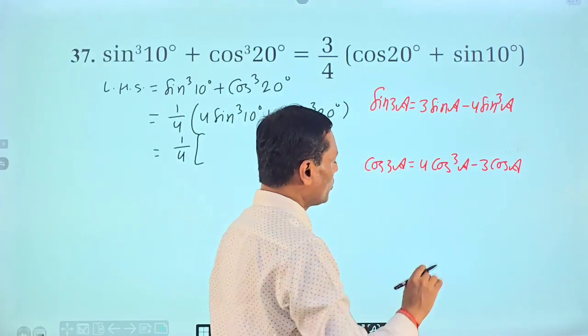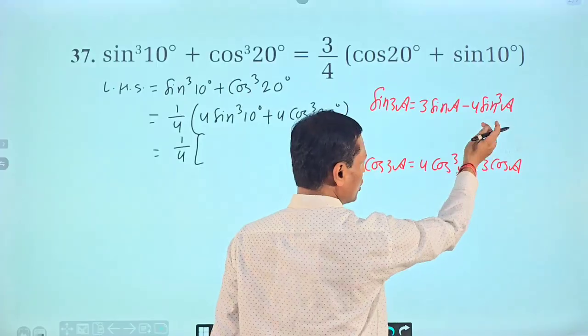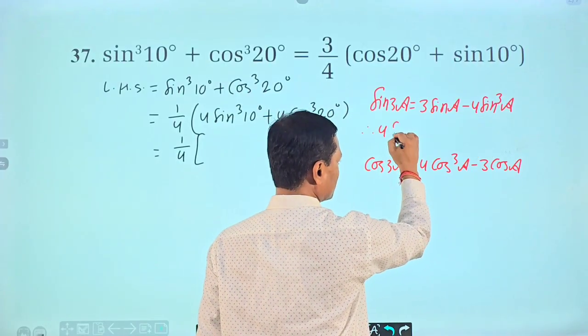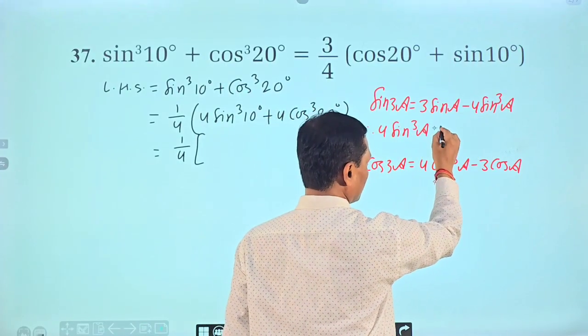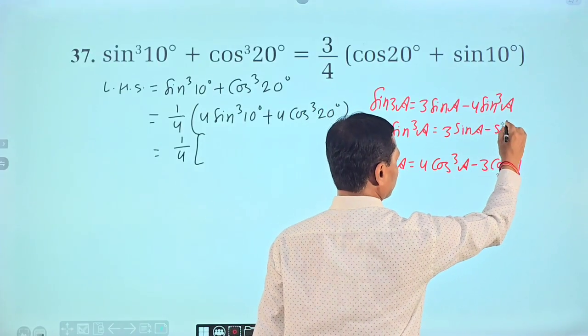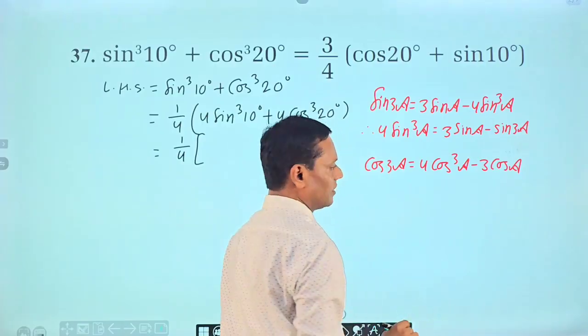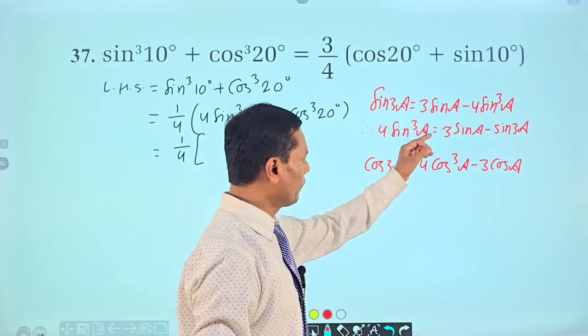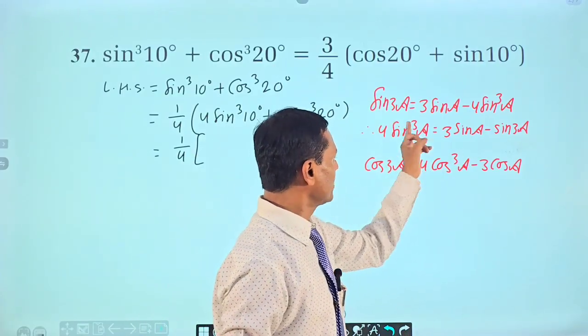So from sine 3a we can derive the relation of 4 sine cube a: 4 sine cube a equals 3 sine a minus sine 3a. Yes, definitely you can derive that.